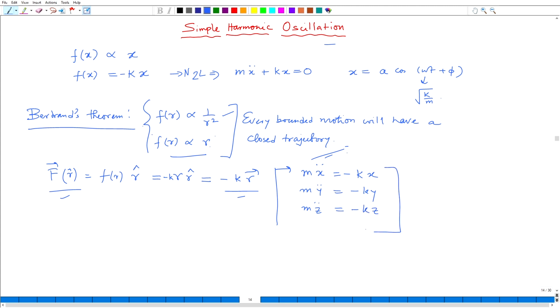And since all these three directions are mutually independent of each other and the equations of dynamics are not coupled, if you just find the solution for 1D, in the similar way you can find the solution for the other directions. Now, it is for you to think and tell me whether under such cases I have to really go for a 2D motion or a 3D motion.